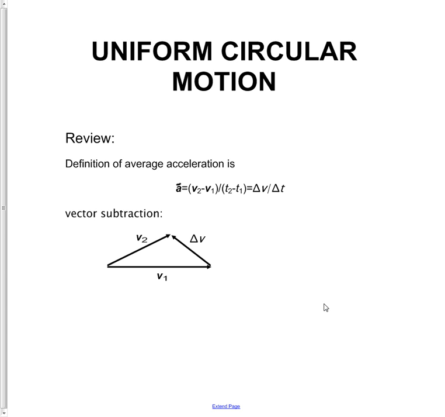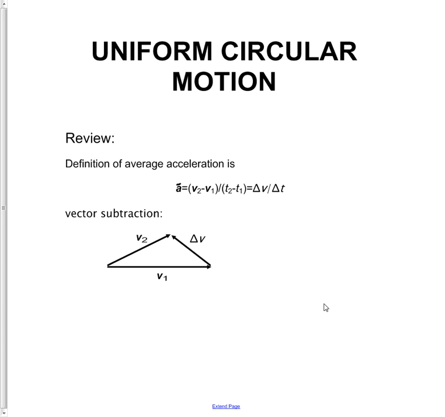And of course, before you took this course, you would have said no, because it's going with constant speed. But in fact, acceleration means rate of change of velocity, and this particle running around in a circle is not going with constant velocity, even though it's going with constant speed.